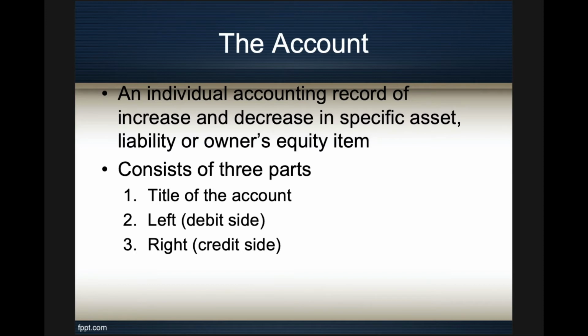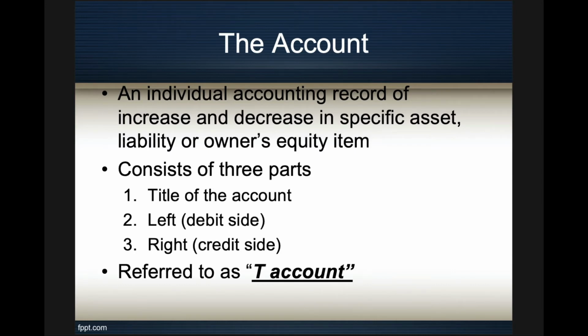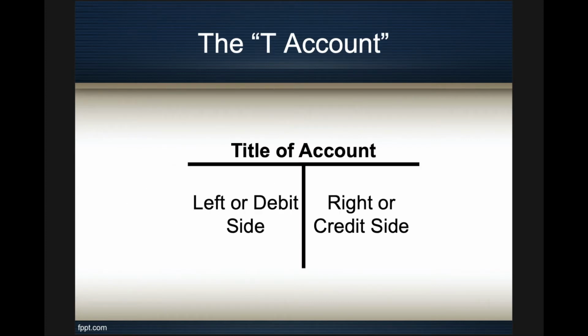Then on the left side is the debit side, and on the right side is the credit side. It is referred to as the T account because if you look at its form, it actually looks like a letter T, wherein all of those parts that I have mentioned, the title, the left side, and the right side, are located in that T account.